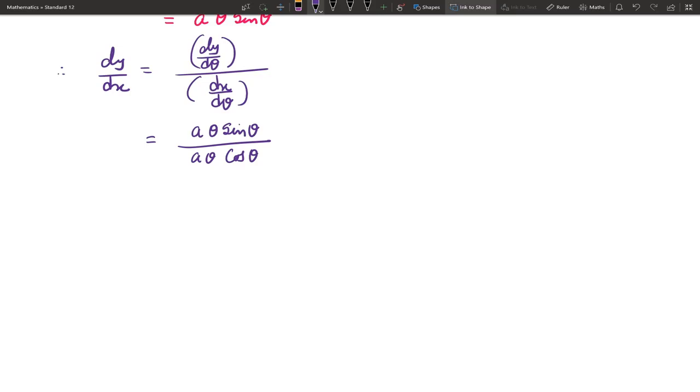So simplification: a cancels, theta theta cancels. So answer: dy by dx is sin theta upon cos theta, that is tan theta. Thus.